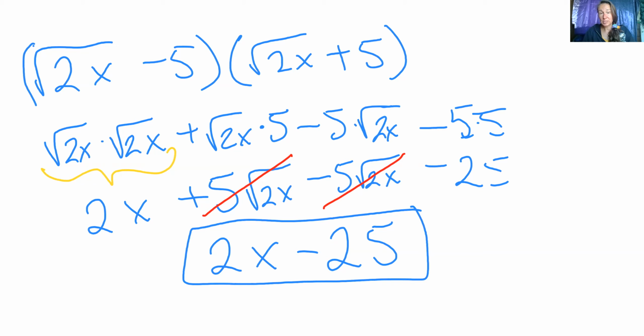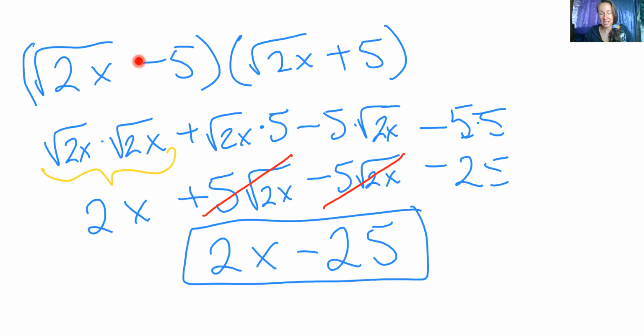So take a look at what we started with and notice how nicely it's simplified, how both of these middle terms, what we call cross terms, canceled out. These two pairs are almost identical. The only difference between the square root of 2x minus 5 and the square root of 2x plus 5 is the sign.